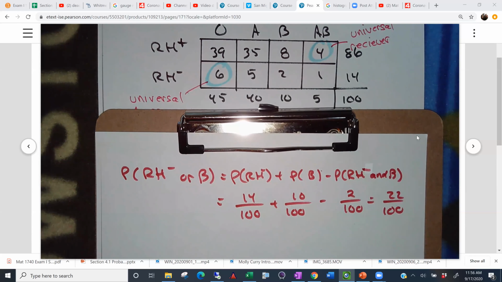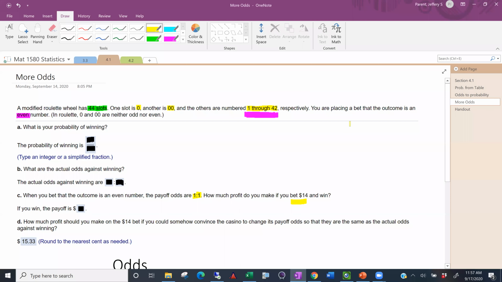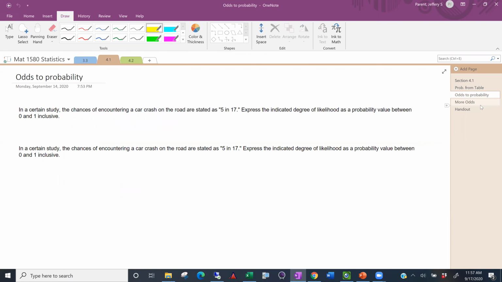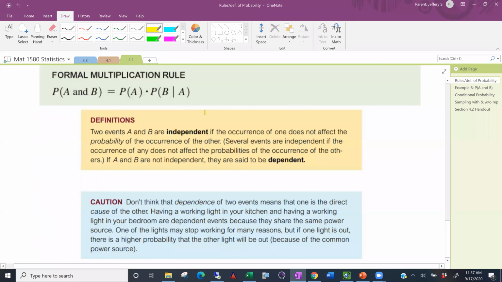All right, let's keep going with an example that's on your handout from the other day. And let me pull that up for you here. Might help if I was in the right section.